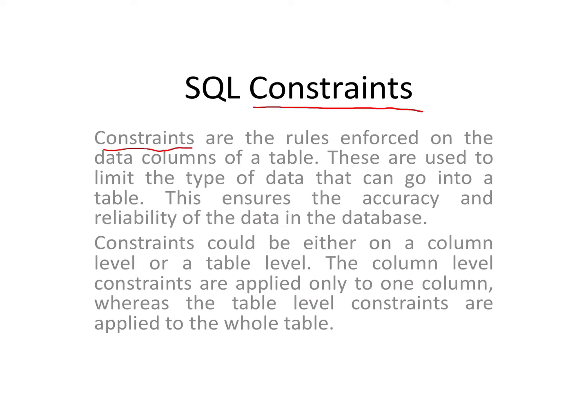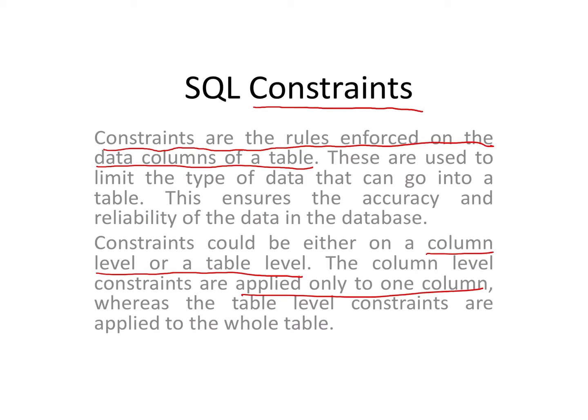We would normally define it as the rules enforced on the data columns of a table. The constraints can be either column level or table level. If the constraint is column level, then it is applied to only one column, and if it is table level, then it is applied to the whole table.